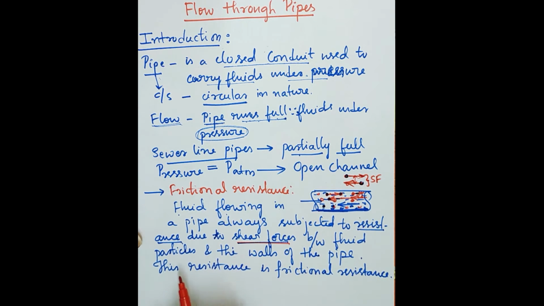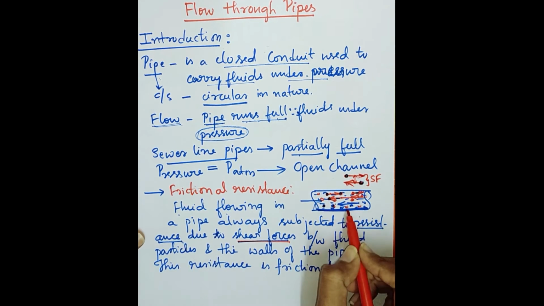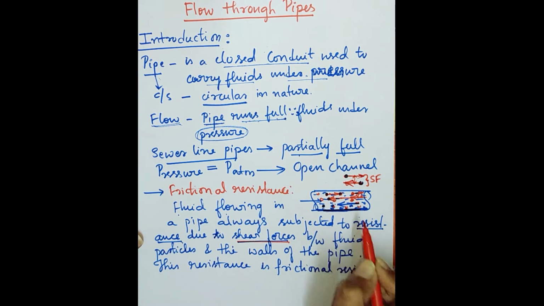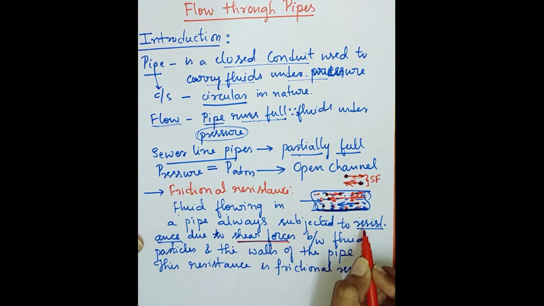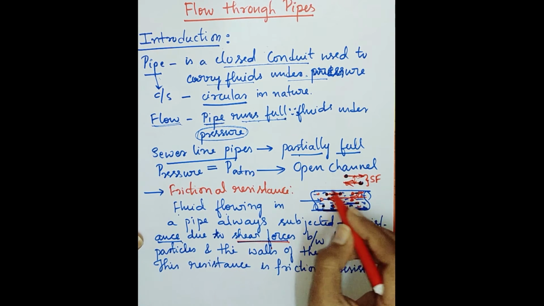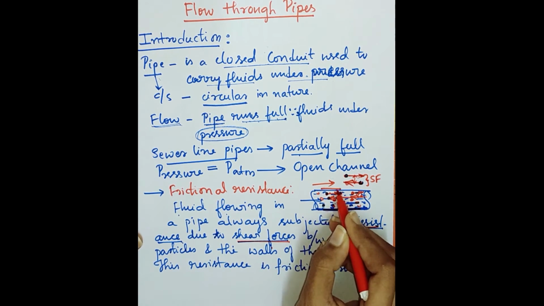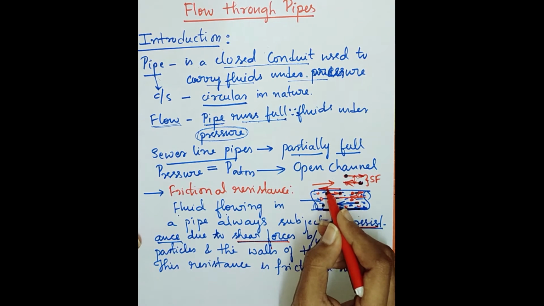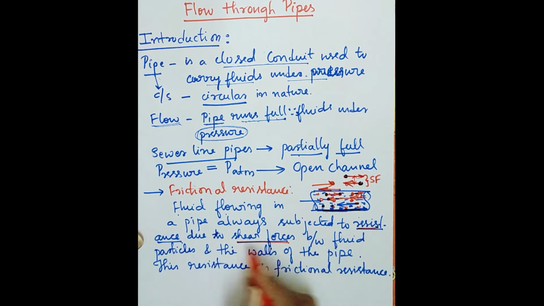That is between the fluid particles and also the walls, as I told. So between the wall and the fluid particle, due to that shear force, the resistance will resist the flow. If the flow is taking place in this direction, the other particles will resist the flow of the above particles. So that resistance is called frictional resistance.